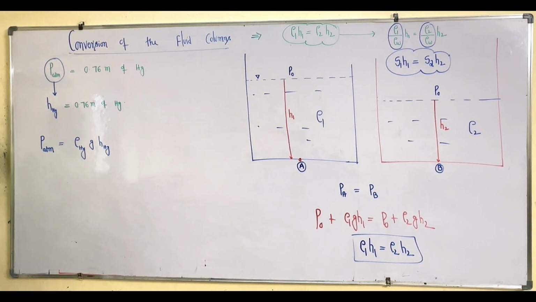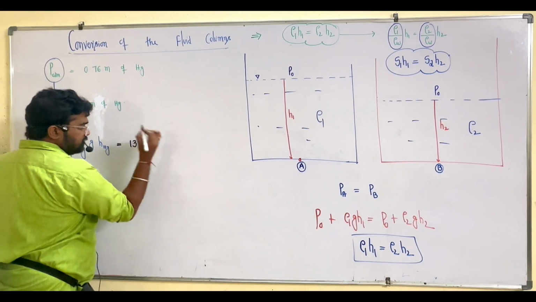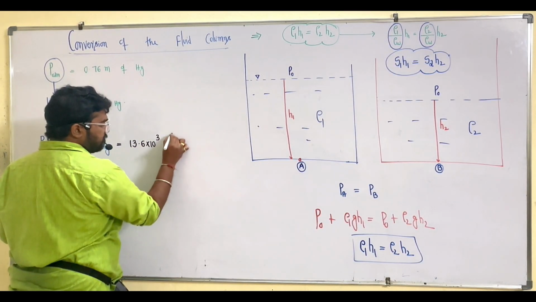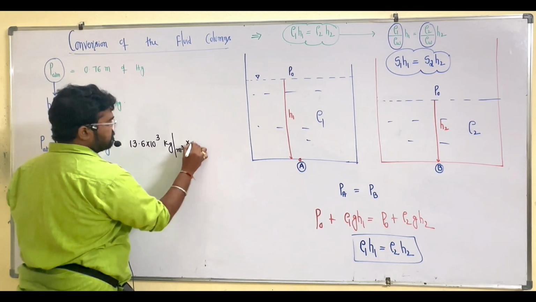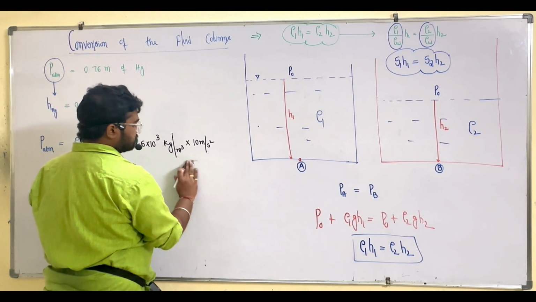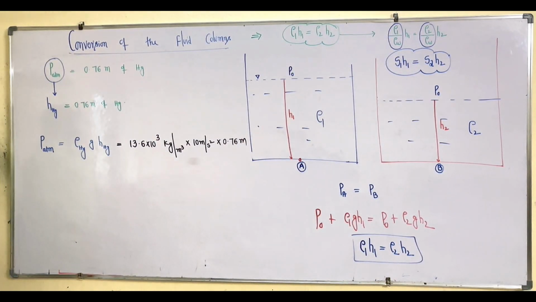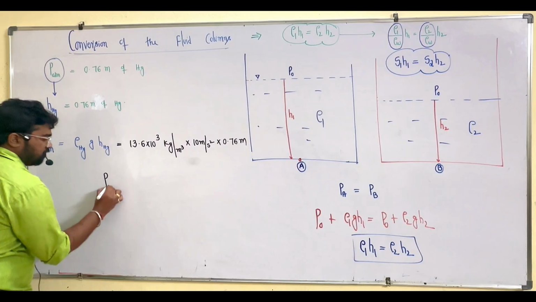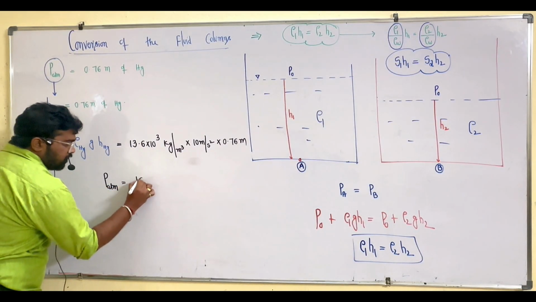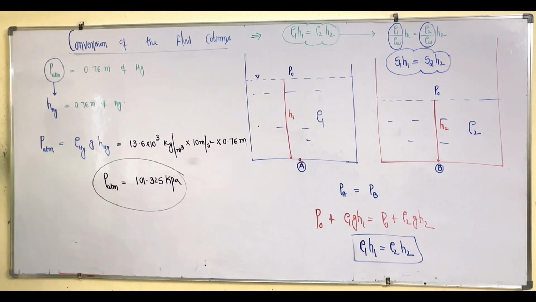So what is the density of mercury? 13.6 times 10 cube kg per meter cube, times 10 meter per second square, times 0.76 meter. Multiply all this, and P atmosphere equals how much? 101.325 kilopascal.